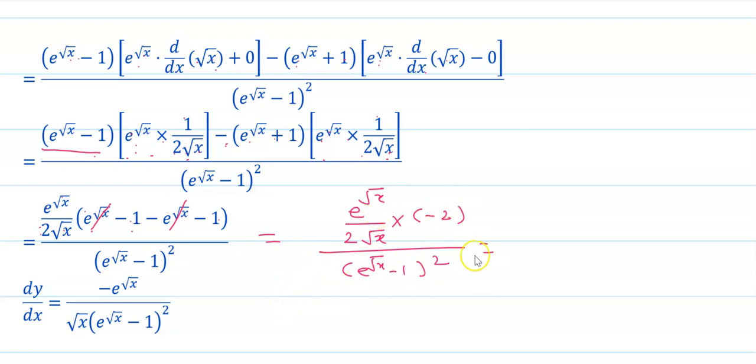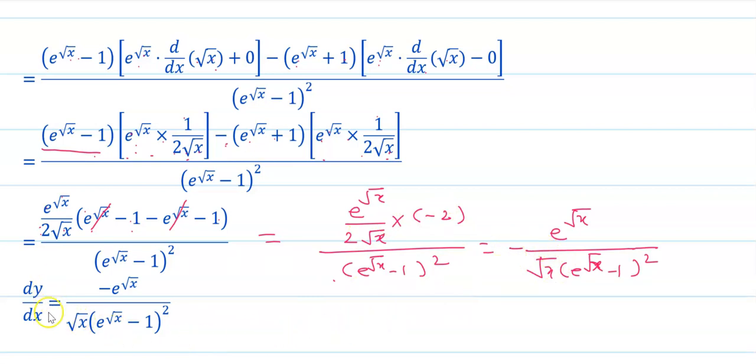This 2 will get cancelled and then you will get e raised to root x upon root x into e raised to root x minus 1, and it's a bracket square. And hence the answer. But what is here? Minus sign is here and therefore I am writing here minus.